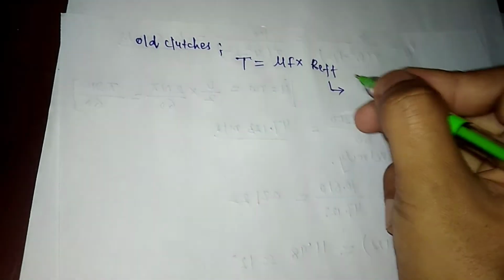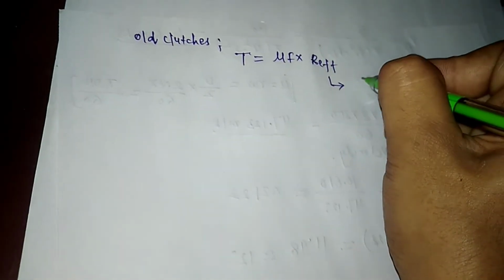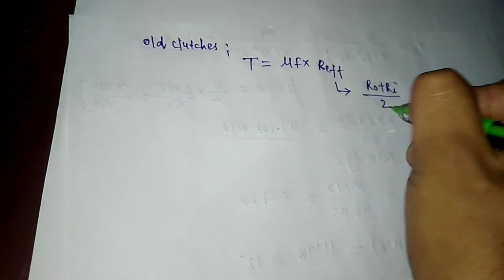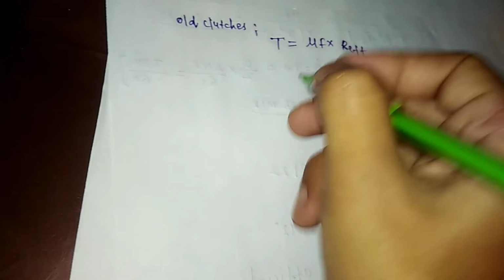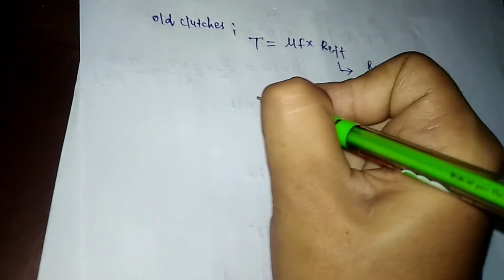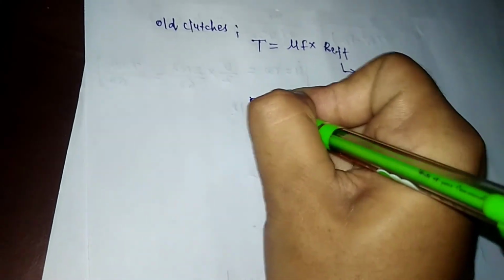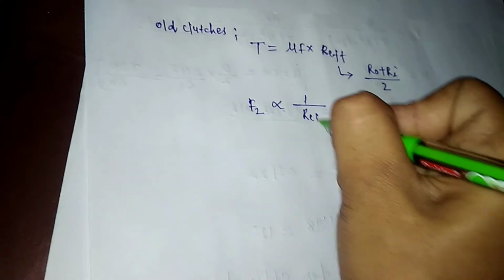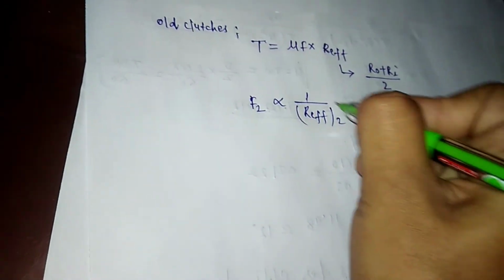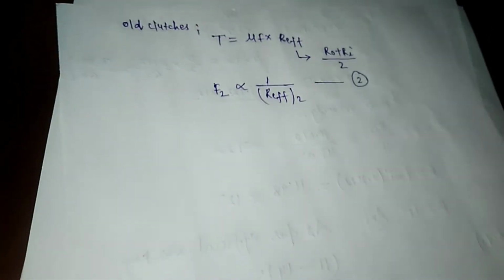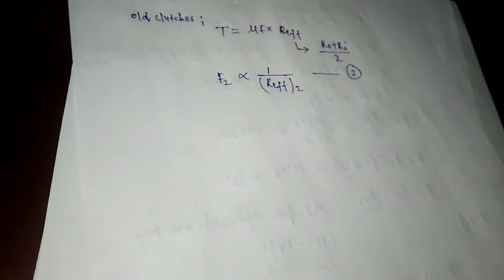In worn clutches, effective radius is (r naught plus r i) divided by 2. Finally the same will be here: F2 force will be inversely proportional to R effective, say it is 2. So this is our equation 2, and we have to calculate the ratio F1 to F2.